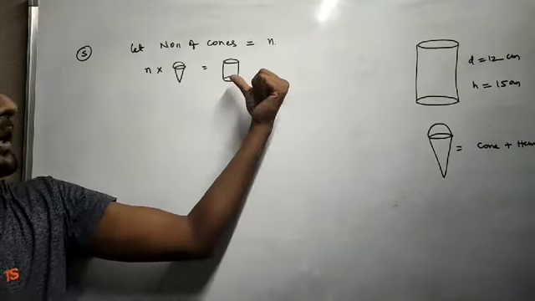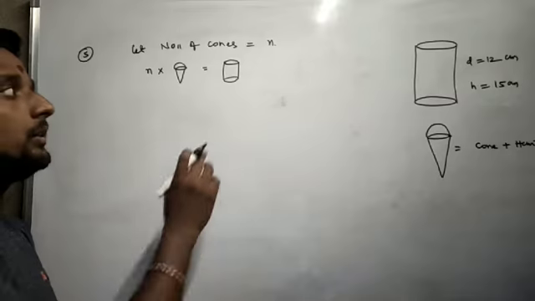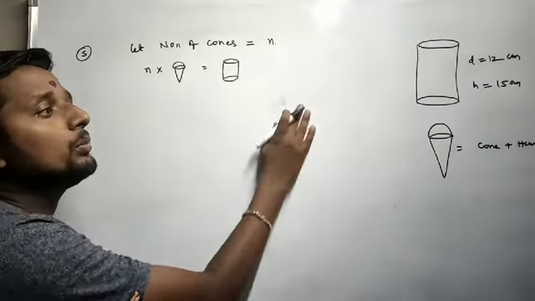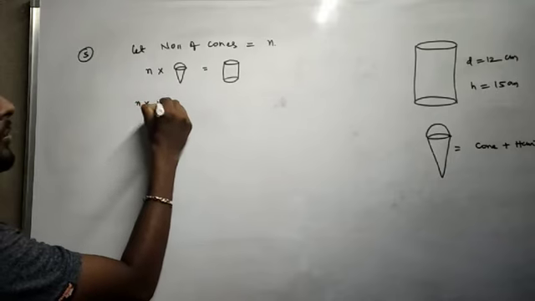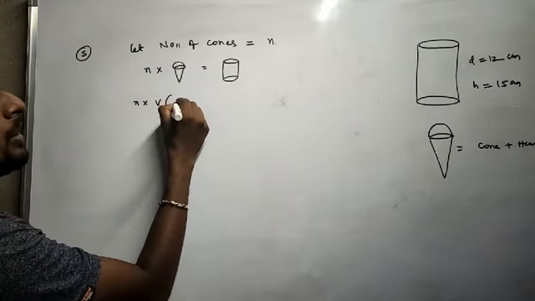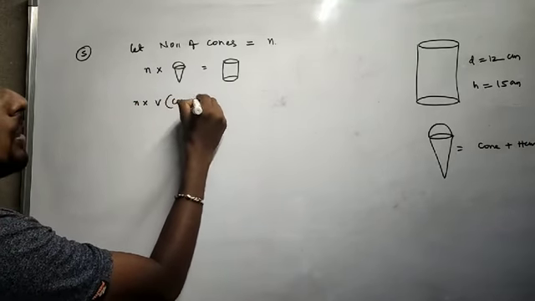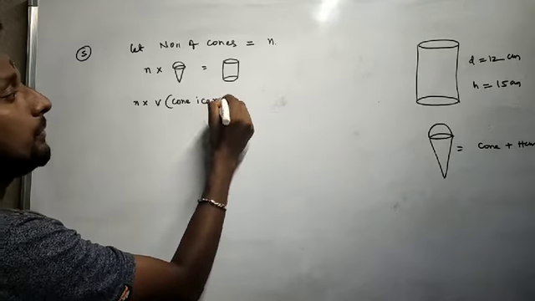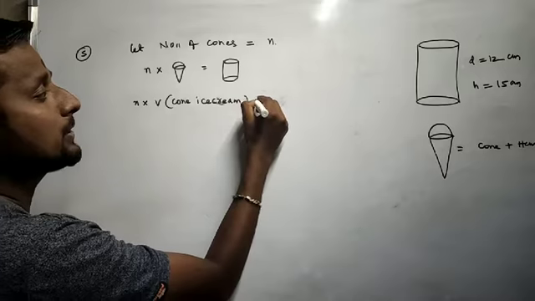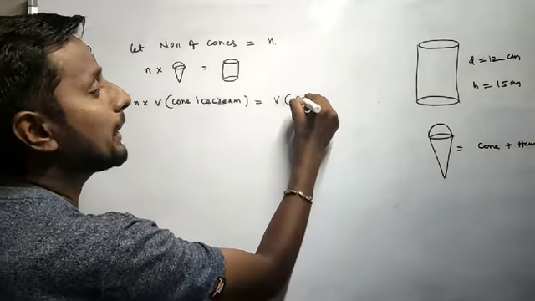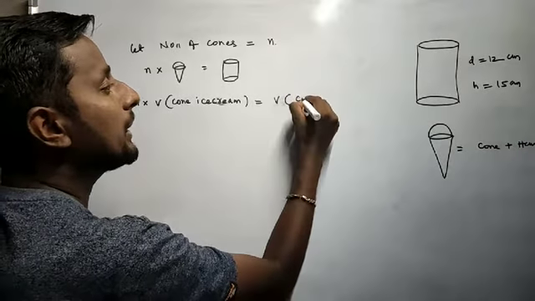Here we are talking about the capacity of the cylinder, which is nothing but the volume of the cylinder. So n into volume of cone ice cream equals the volume of the container. Instead of container I am writing cylinder.